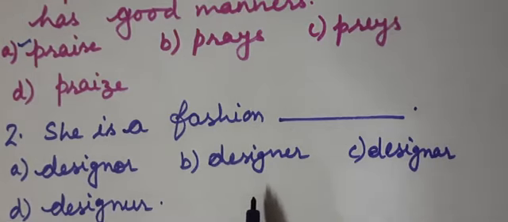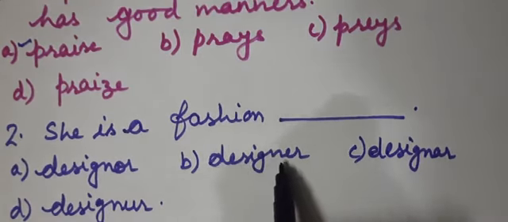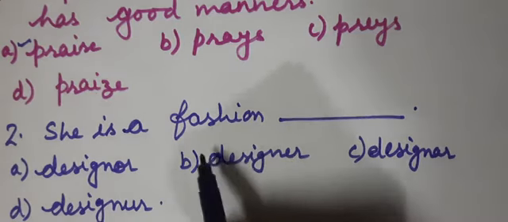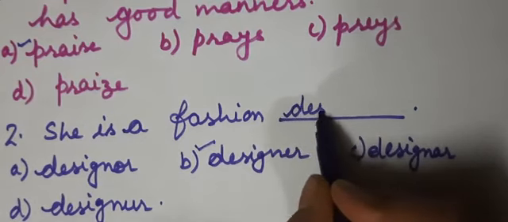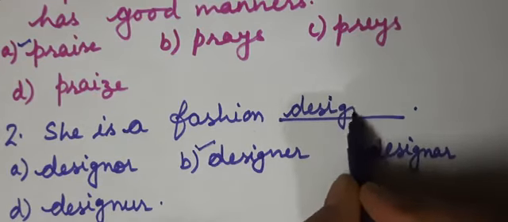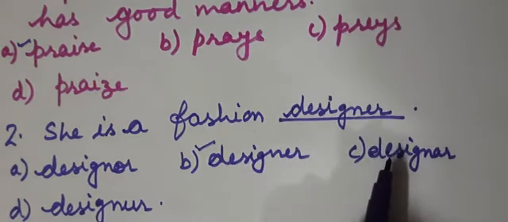So we have to find out the correct one. Which one is the correct spelling? So the correct spelling is D-E-S-I-G-N-E-R, option B. So we will tick B and we will write over here: designer. She is a fashion designer.